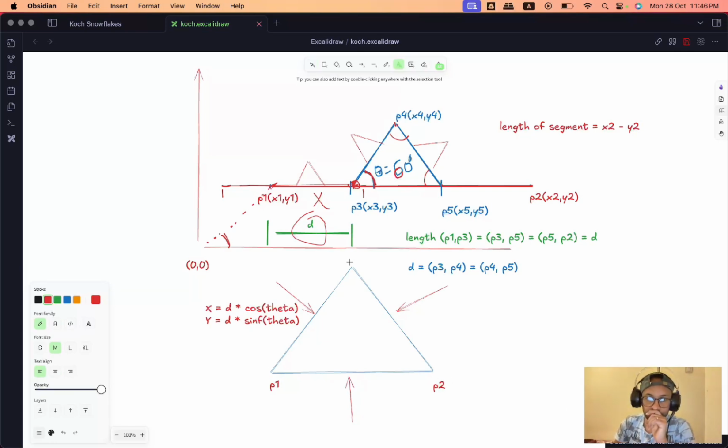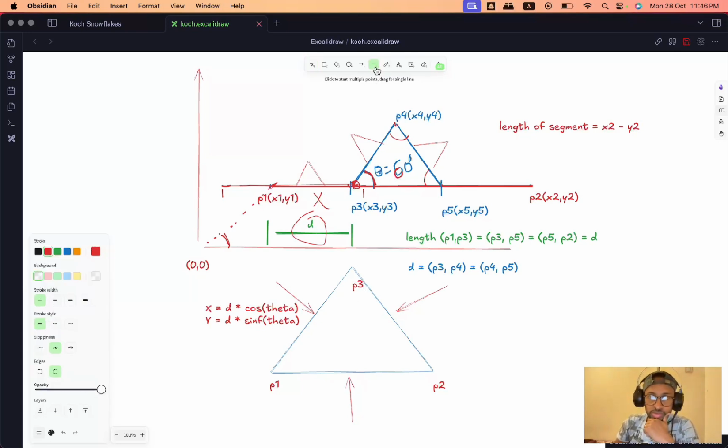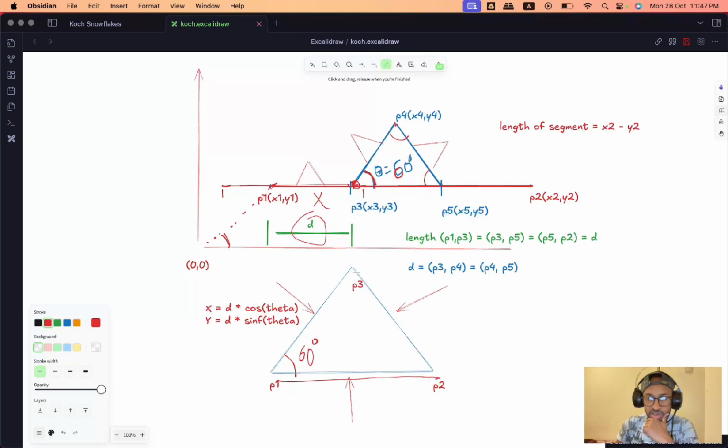Now I want to create P3. The lengths of these segments are all equal, so that means we can find this value. Because this is an equilateral triangle, we know this angle is 60 degrees, and we know this size.